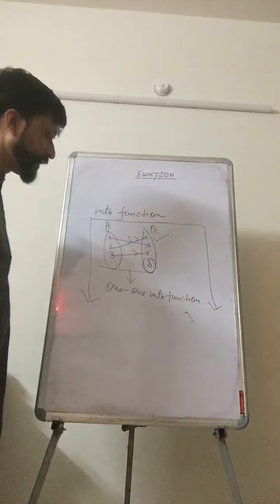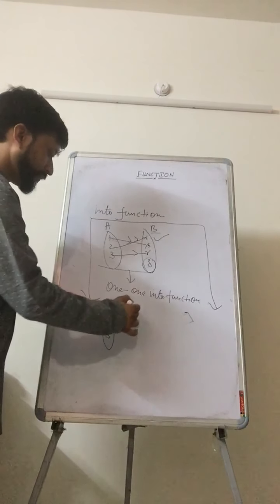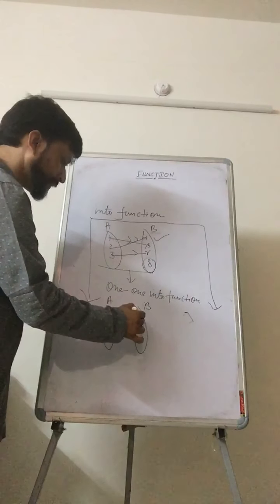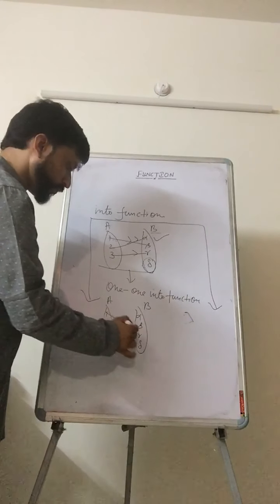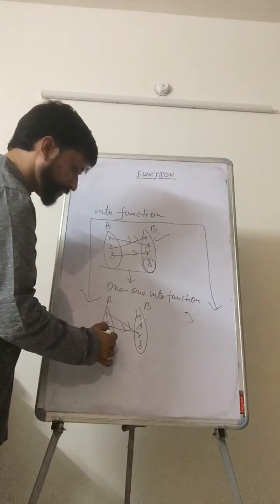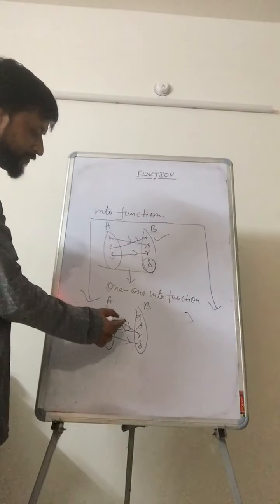What about many one into function? Take 1, 2, 3. If I make it like this, A, B, same examples, I am taking the same data, alpha, beta, gamma, delta. 1 is linked with gamma, 2 is also linked with gamma, and 3 you can link with gamma or a different element, no problem. So here we are finding what?